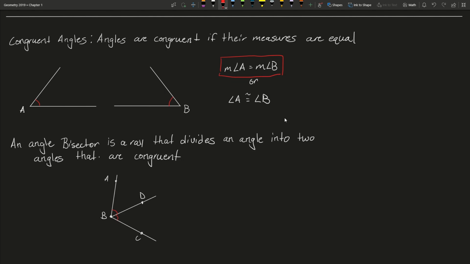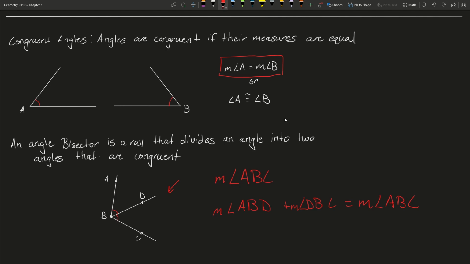An angle bisector is a ray that divides an angle into two angles that are congruent. So in this figure, the measure of angle ABC is cut in half by ray D. This means that the measure of angle ABD plus the measure of angle DBC equals the measure of angle ABC.